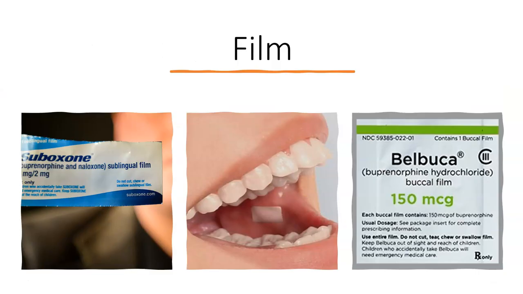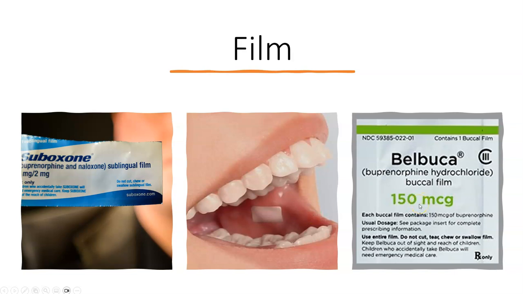Films are another dose form. So Suboxone, this is buprenorphine with naloxone, and they park it on their cheek. This is known as the buccal area in the mouth, and this is a narcotic. It's used for pain. And then Belbuca, buprenorphine, again, same ingredient, just to show you some of the different packaging.